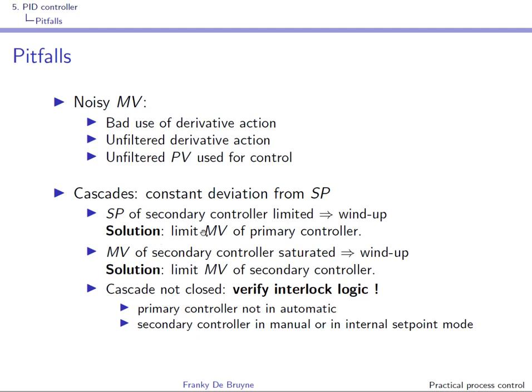Or the MV of the primary controller is limited, and this is equivalent to having the set point of the secondary controller limited. And if you do not tackle these problems, this will lead to wind up.